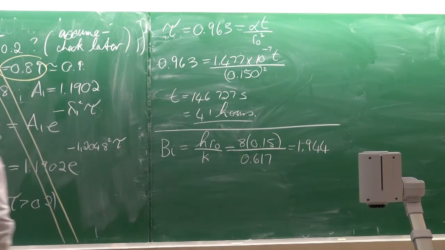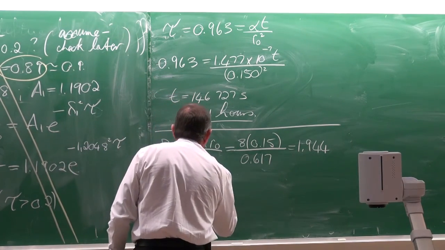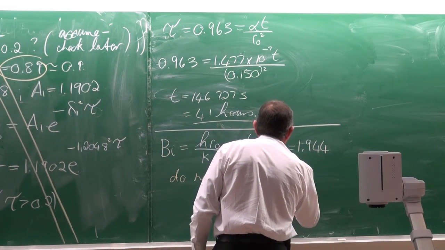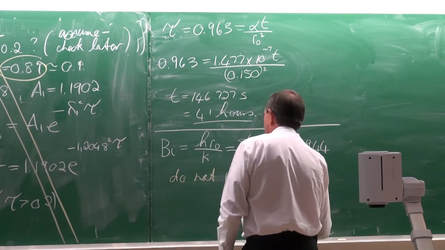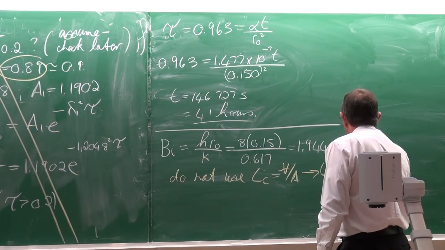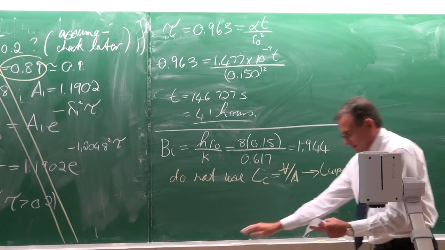I cannot repeat how important it is. So do not use the characteristic length calculated from the volume divided by the area. This is for the lump system approach. You can only use it for that.